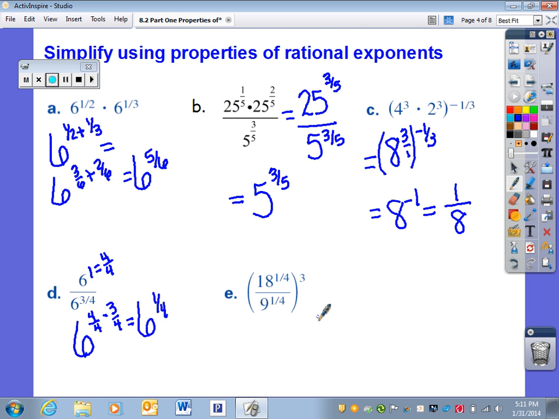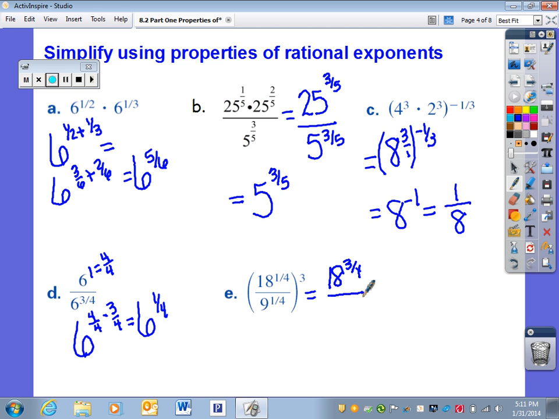In the last example on this page, what we are going to do is we are going to simplify, and there's more than one way to do this. So what we could do first is to do each of these to the 3rd power, which means we're going to multiply the exponents together. So what I'm going to do is I have 18, and then 1/4 times 3 over 1 would be to the 3/4 power.